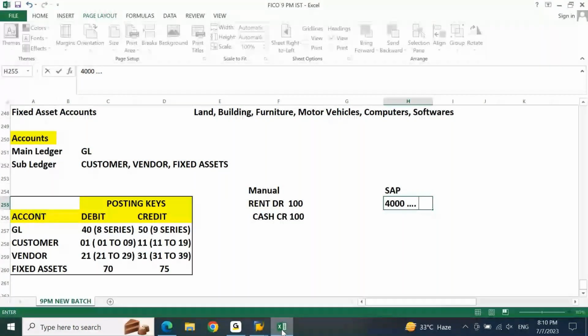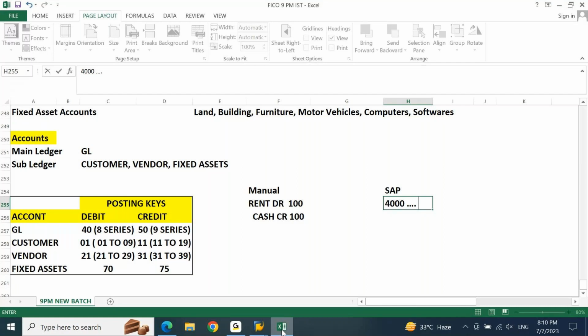If I look at the first one, we have listed rent. According to SAP, you are not supposed to write rent. Rent is going to have an account number. SAP is going to identify the account based on the number, not based on the name. So I have put a number here.